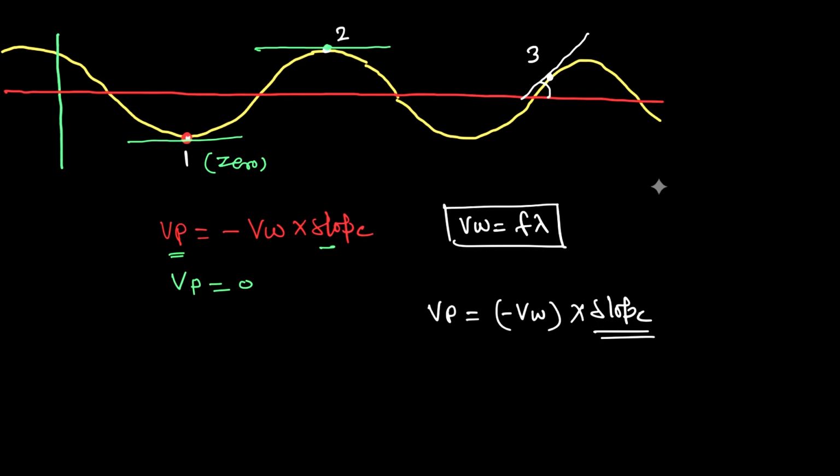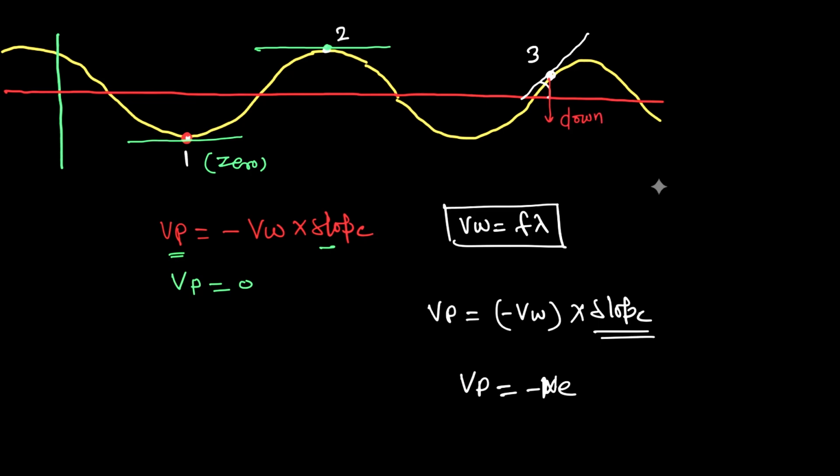So the slope of this one will be positive, and when the negative sign is there, we simply multiply by the negative sign. It means finally Vp is negative. Vp negative means this particle is moving downward. So if we see this particle, it's moving down.